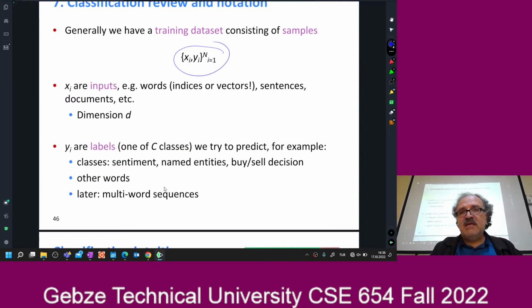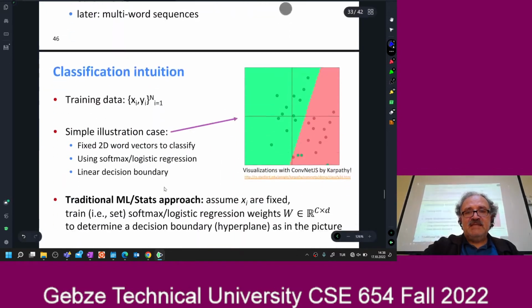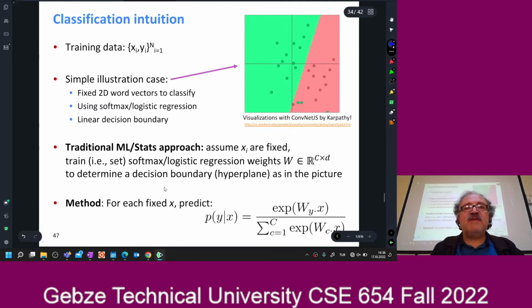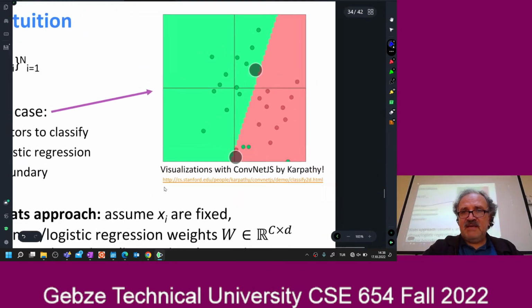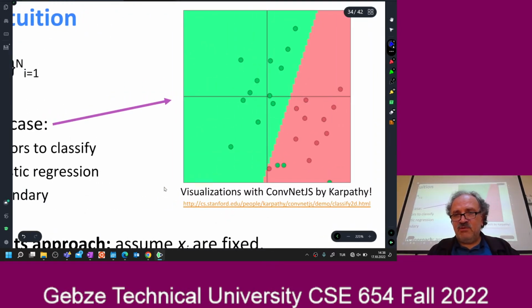This is classically known as classification. In our two-dimensional world, let me try to give this a little more meaning. A very classic example of classification is maybe this.